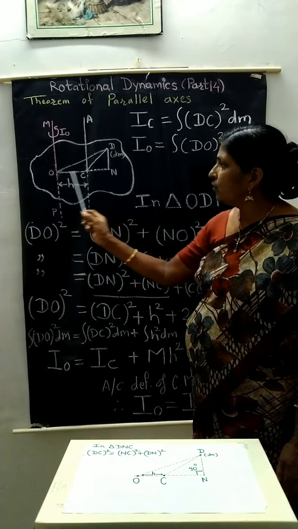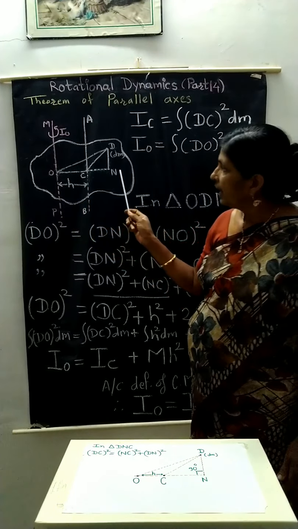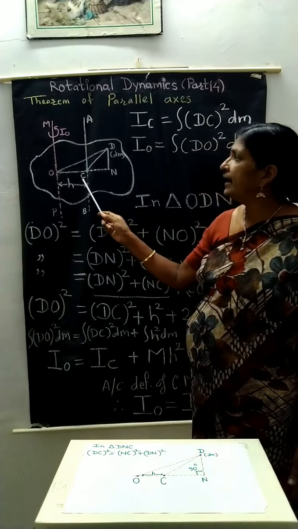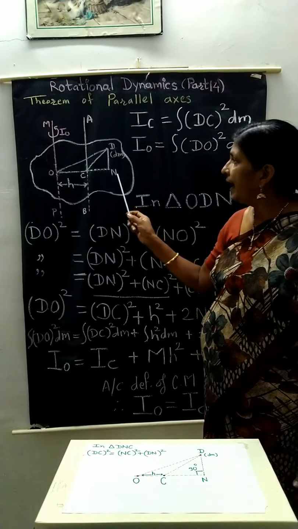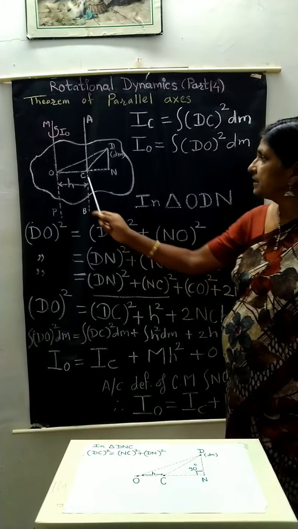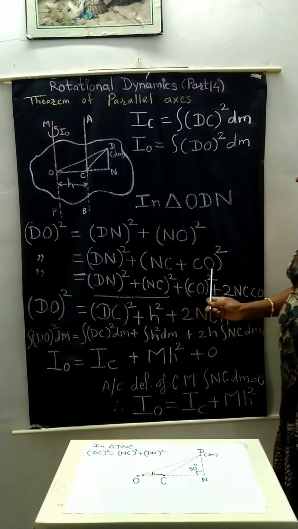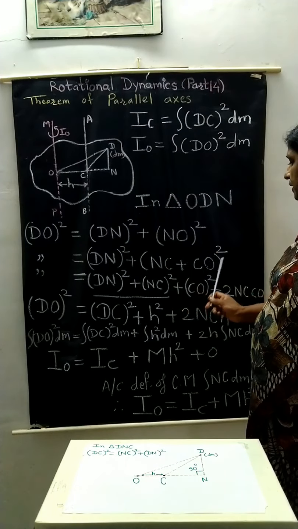Now this NO is made up of two lengths, NC and CO. So NO is equal to NC plus CO, and we have taken the square of this bracket.